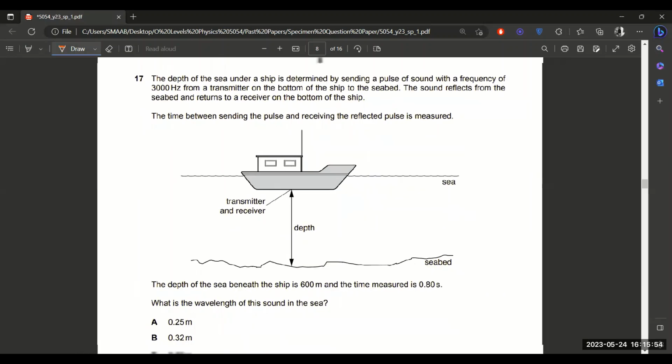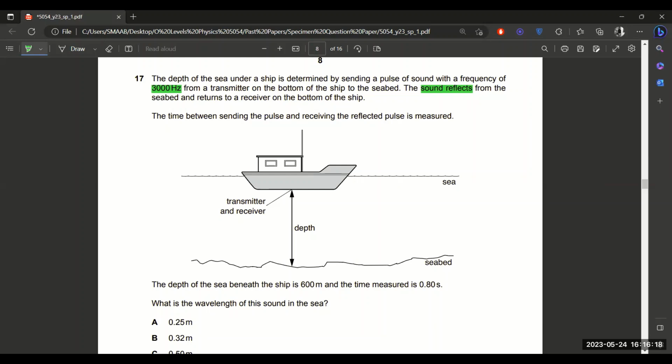And question number 17. The depth of the sea under a ship is determined by sending a pulse of sound with a frequency of 3000 hertz. So that is the frequency. And the sound reflects from the seabed and returns to a receiver on the bottom of the ship. Basically, we are talking about the reflection of sound.